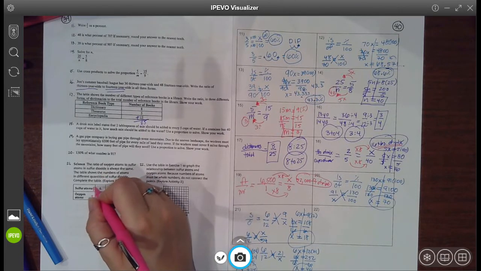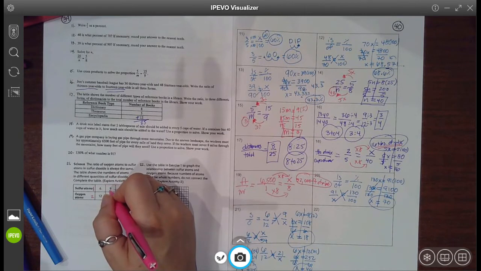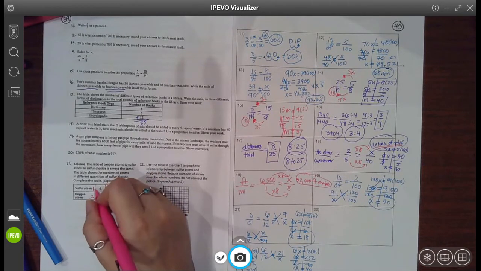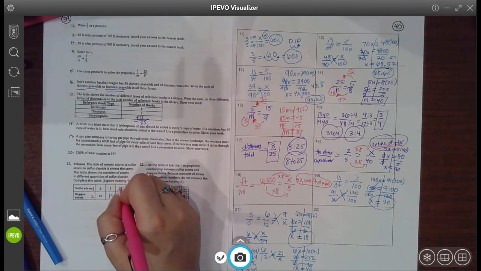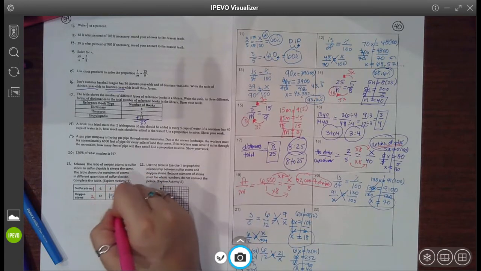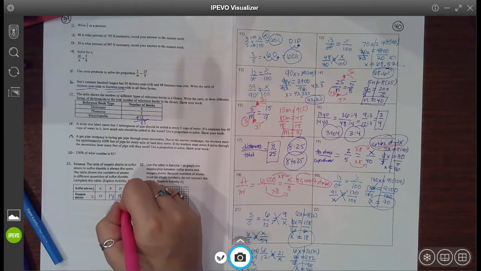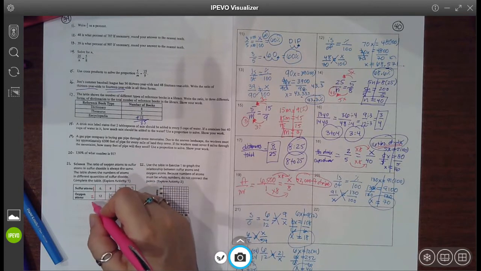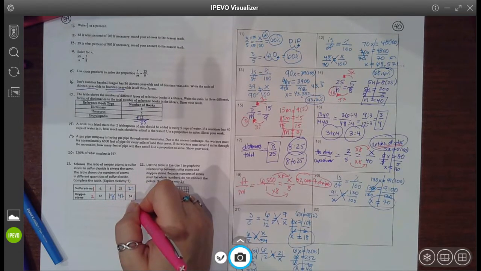So if you did 1 times something to give you 9, well, it's 1 times 9, right? So then do 2 times 9, you get 18. Okay, and then you did 1 times something to give you 21. Well, 1 times 21 is 21. So do 2 times 21, and that'll give you 42. And then here you did 2 times something to give you 54.